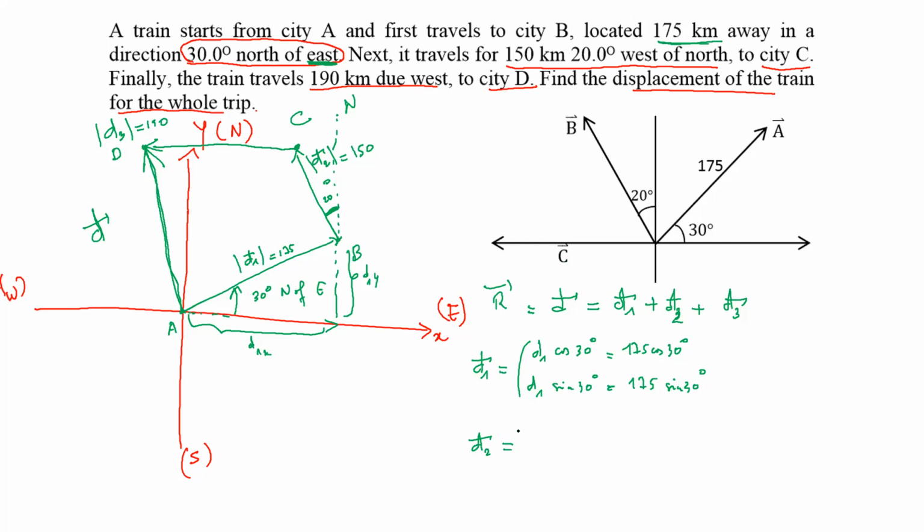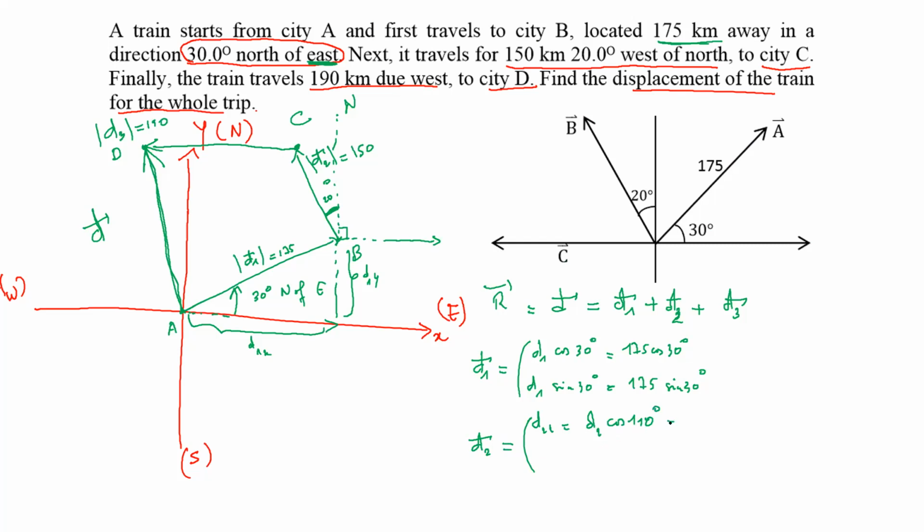Now here, D2x will be equal to what? D2 cosine the angle between D2 and the positive x-axis. And that angle is here. So this is the positive x-axis here. So I have to add 20 plus 90 degrees. That will give you cosine 110. Be very careful. If you make a mistake here, you will get it wrong.